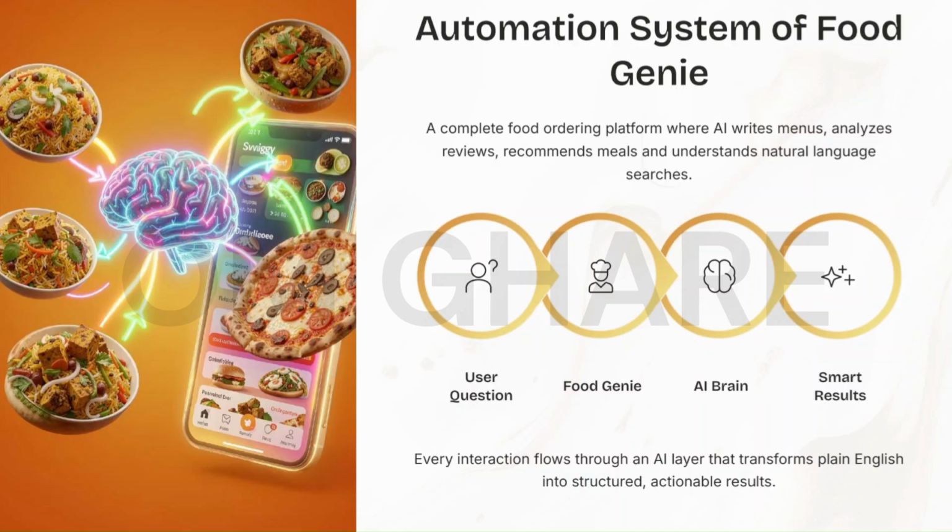This architecture allows users to communicate naturally instead of learning how the application works internally. The AI essentially acts as an intelligent translator between human language and the database logic. As a result, users experience faster searches, personalized recommendations, automatic menu generation, and summarized customer feedback without any additional effort.